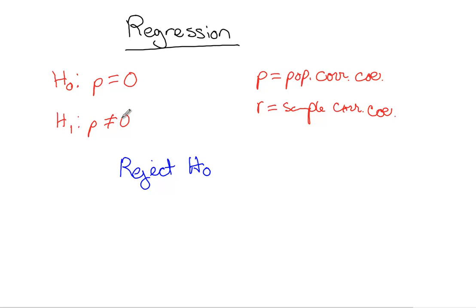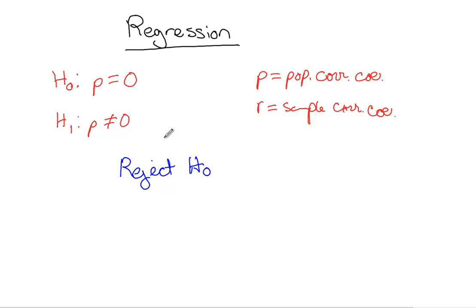Our correlation coefficient is further away from 0, because remember that correlation coefficients can be between -1 and 1. And so we want them to be as close to 1 as possible. The closer to 1, the more significant they are.